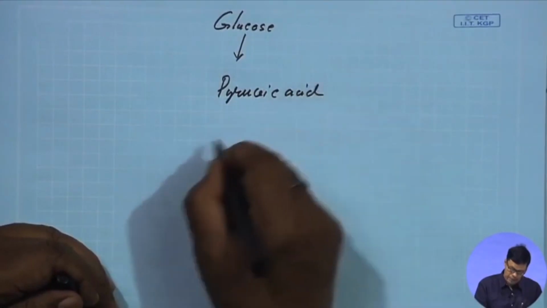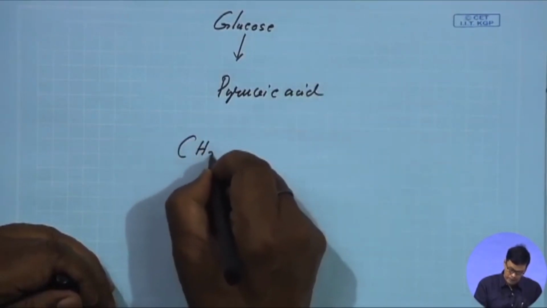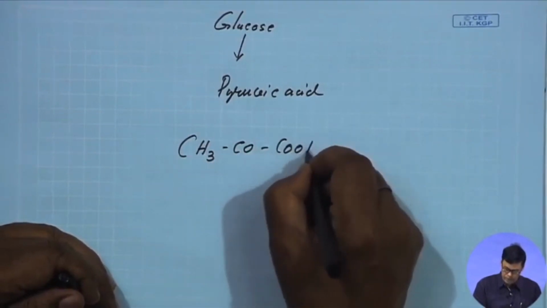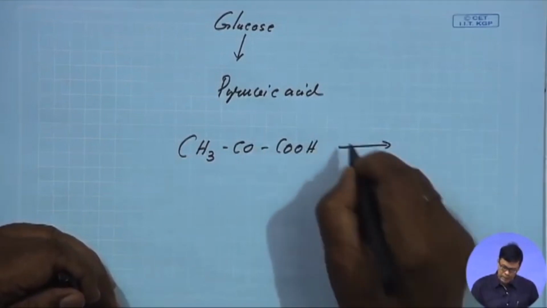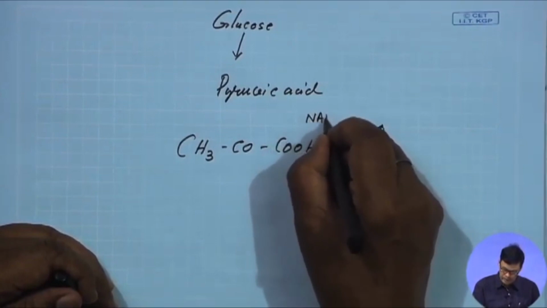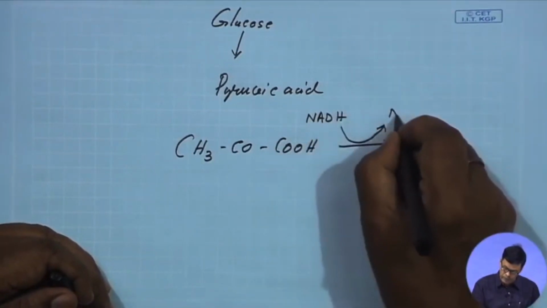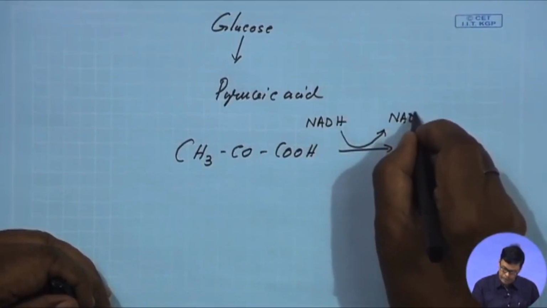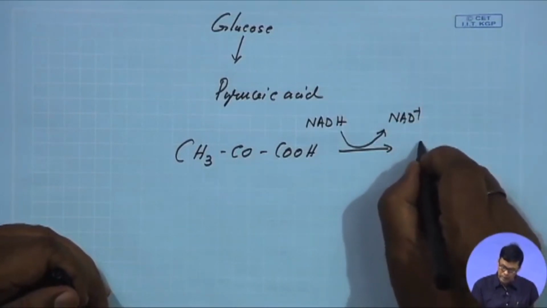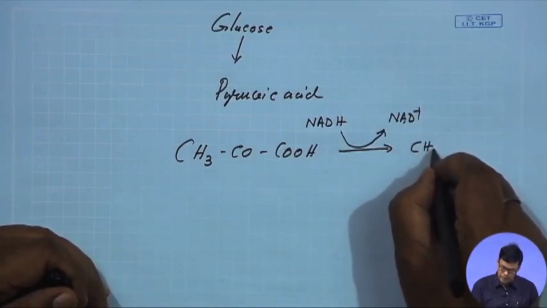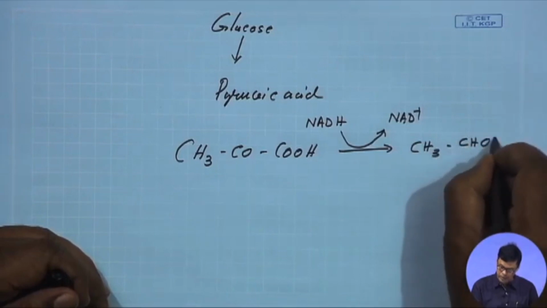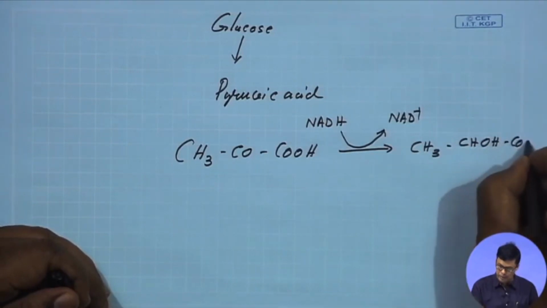Now, this pyruvic acid has the formula CH3COCOOH. Now, in the presence of NADH, so hydrogen, it is reduced and it forms CH3CHOHCOOH.